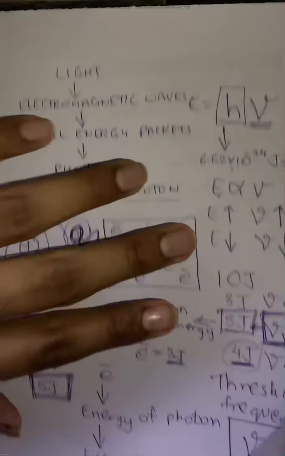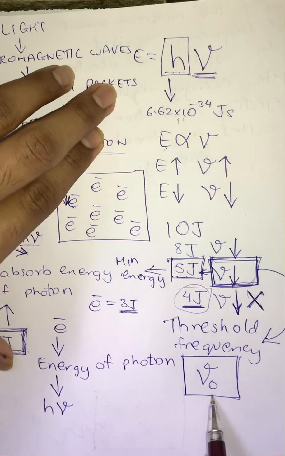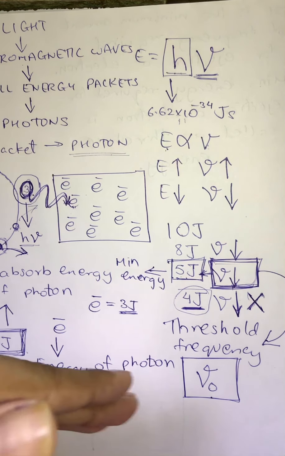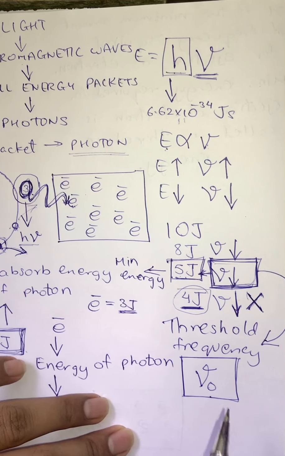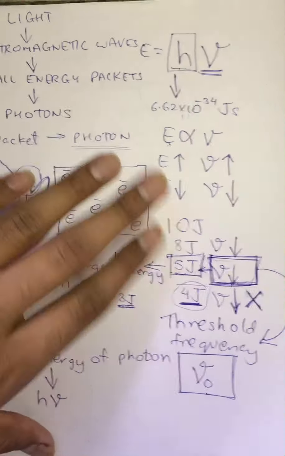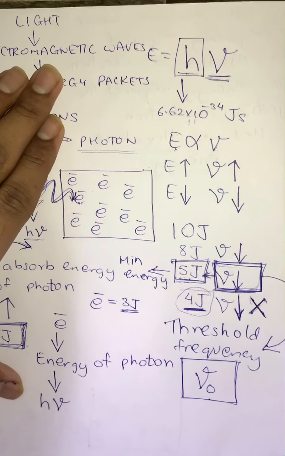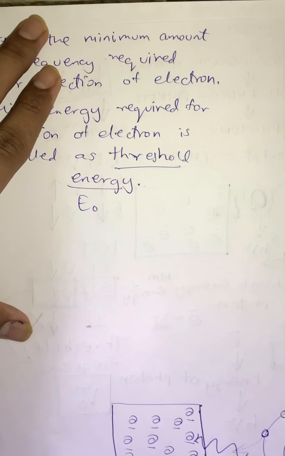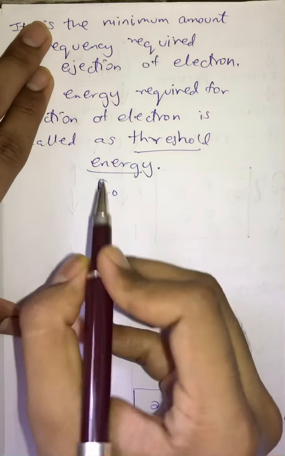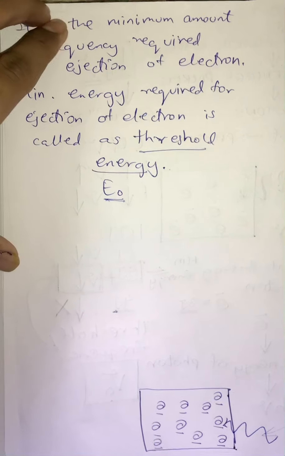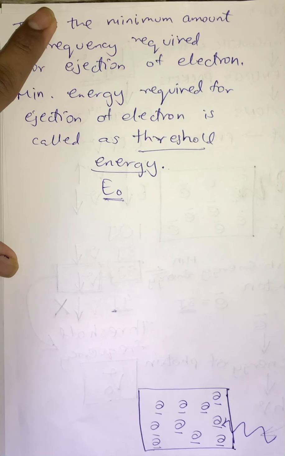So we have understood what is threshold frequency, it is represented by mu naught, and we have also understood what is threshold energy. This threshold energy, which is our 5 joules minimum energy required for the electron, will be represented as E naught. This may not be given in your textbook. It is okay even if you don't mention it. I will suggest that if it is not given in the textbook, then please do not mention it.